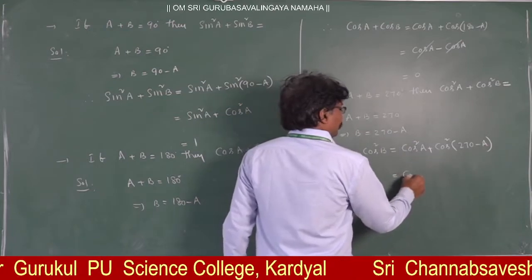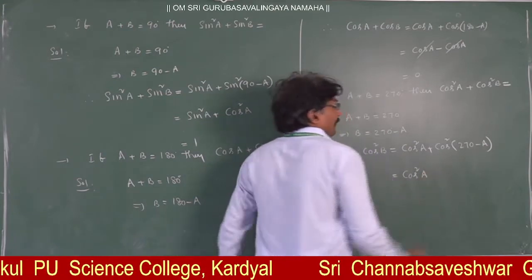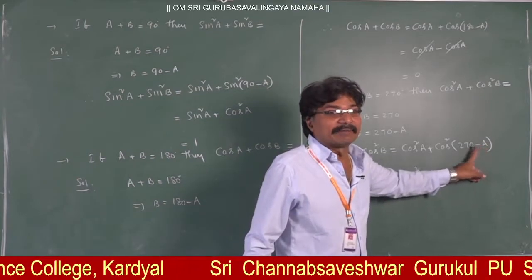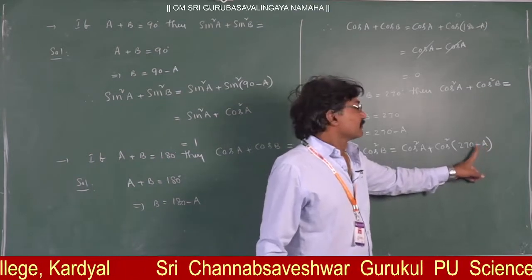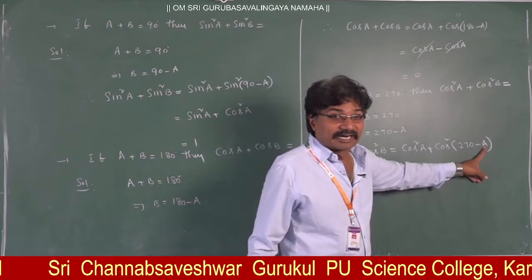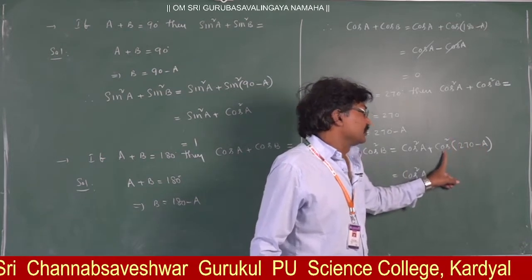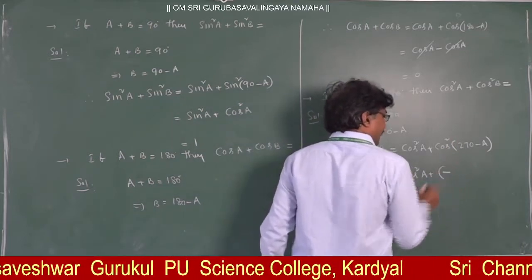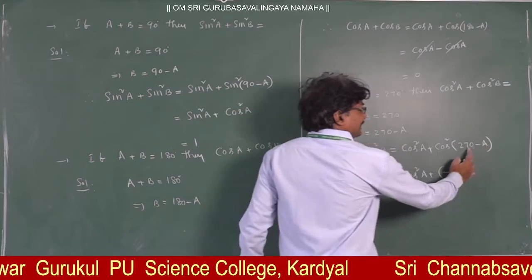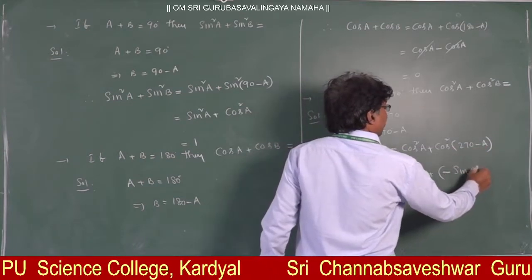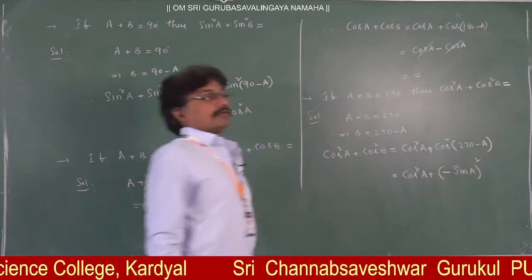That is equal to cos square a plus cos of 270 minus theta. 270 minus theta belongs to the third quadrant. Third quadrant, cos negative. For 270 minus or 270 plus, cos will be changed to sin, whole square.